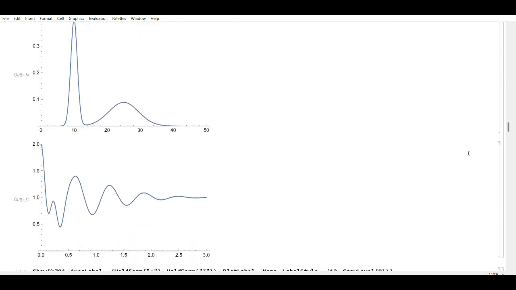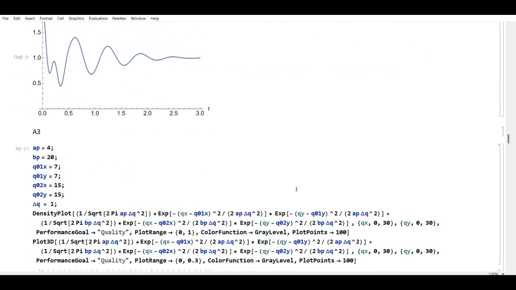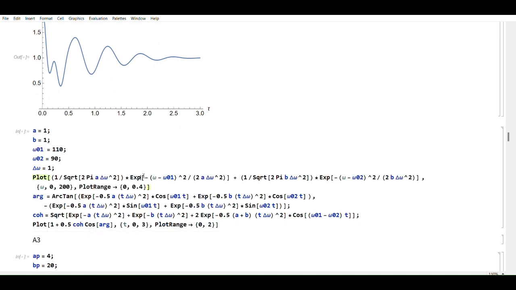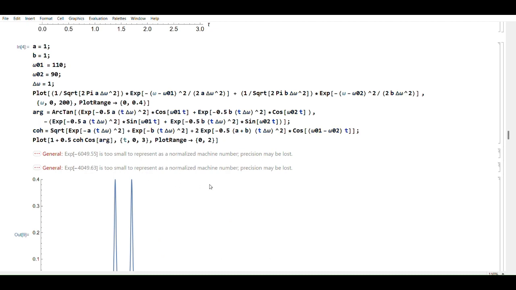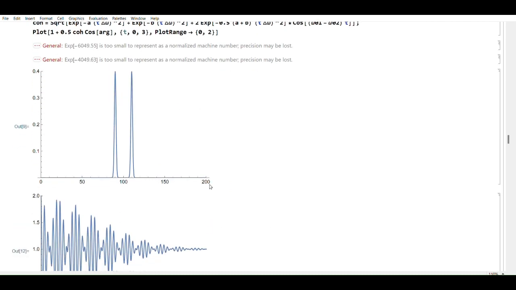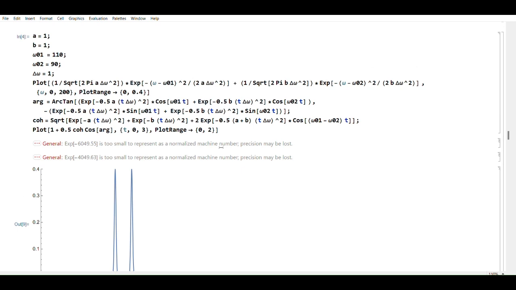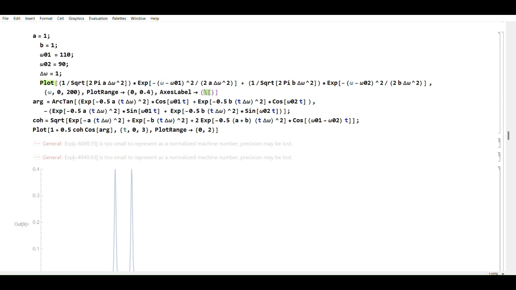Okay, so if you want to see in this only, someone is saying if you want to change the values in this, let's do that. Let me put the labels.